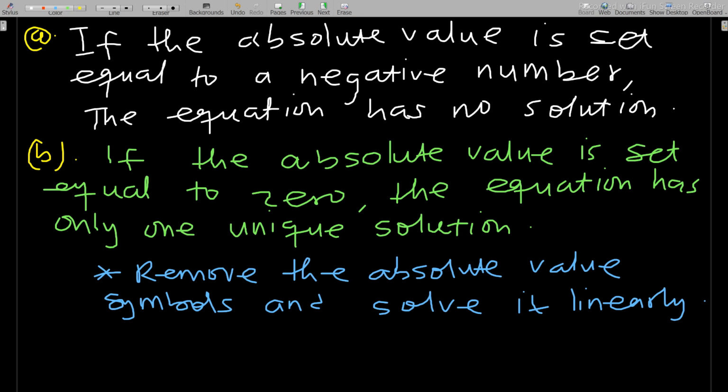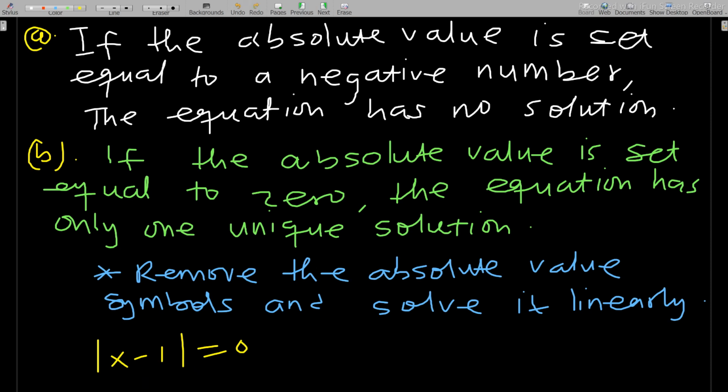Then the second step is, if that is the case, remove the absolute value symbols and solve it linearly. So like I said, if I have x minus 1 equals 0, we know that automatically the absolute of 0 equals 0. So we need the values of x that will make the whole bracket, the inside function, be 0.